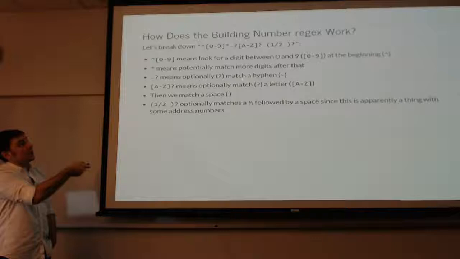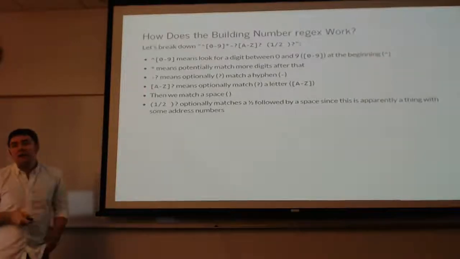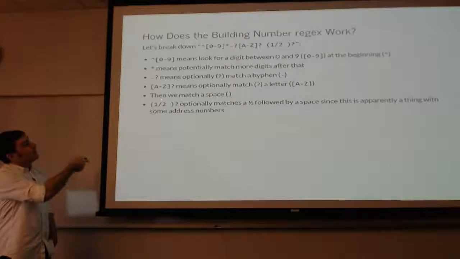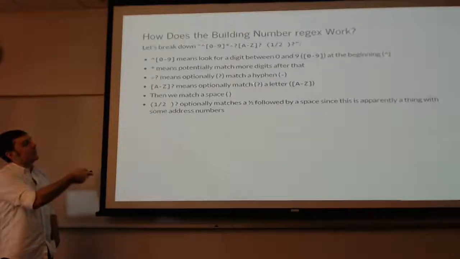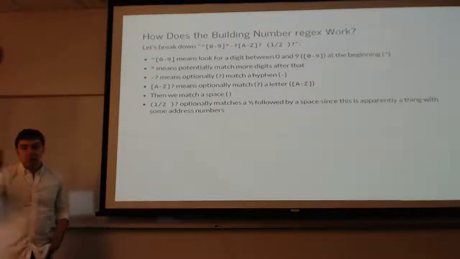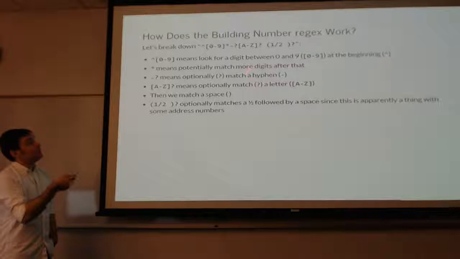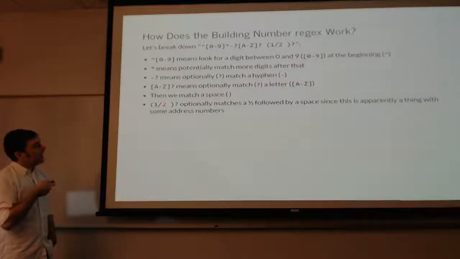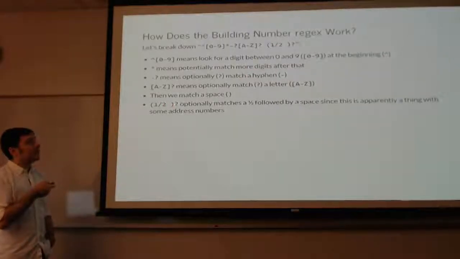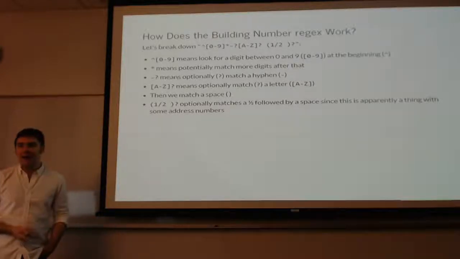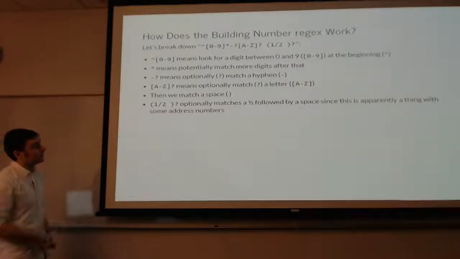Dash question mark means, okay, there could be a hyphen, but it's not necessary for there to be a hyphen. Then bracket A to Z means optionally match a letter, only one letter, but optionally there may be a letter. Then match a space. Then if there's a 1/2 followed by a space, match that too, because it turns out there were a bunch of 1/2. So this is sort of a special case thing.